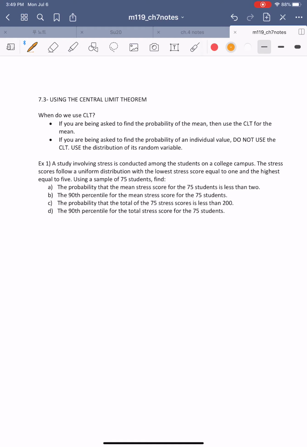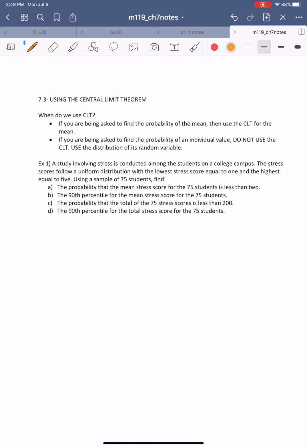Which is really easy. How do you determine the difference between the two? If you are being asked to find the probability for the mean, you just have to look for the keyword mean, which is the X bar. Then you're going to be using the CLT for the mean, CLT number 1, which is 7.1. If you are asked to find an individual value like an X, then don't use CLT.